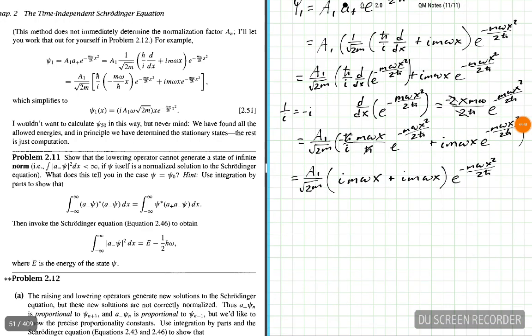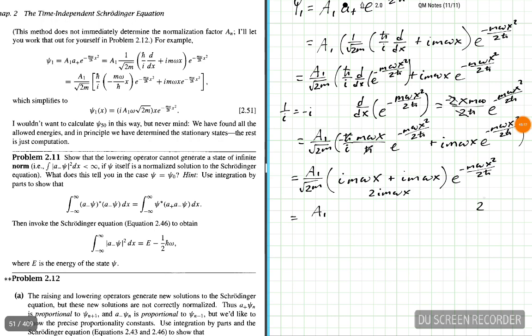So then we have all of this. Now, here I have a 2, because that's just going to equal 2i m omega x. So then I get 2 over square root of 2.